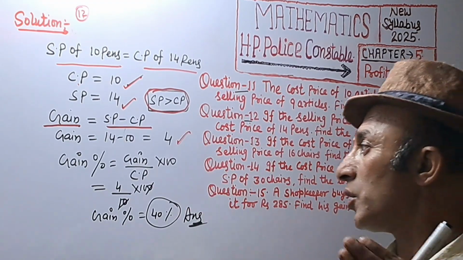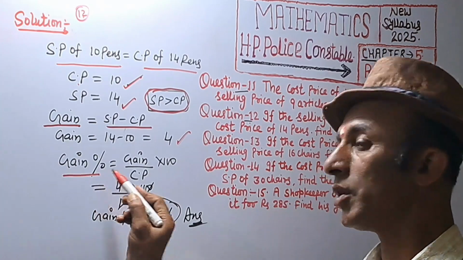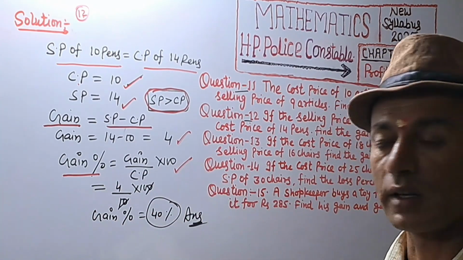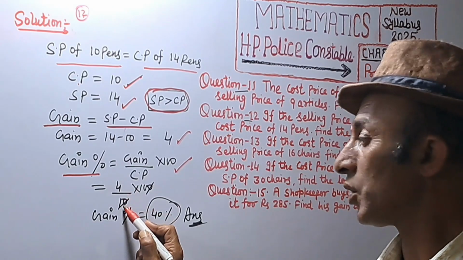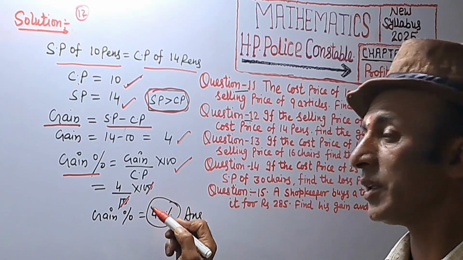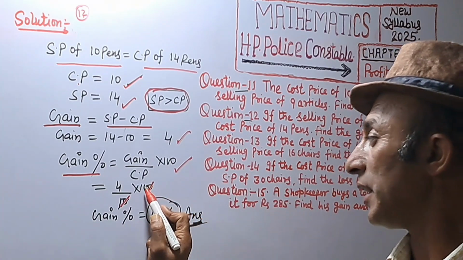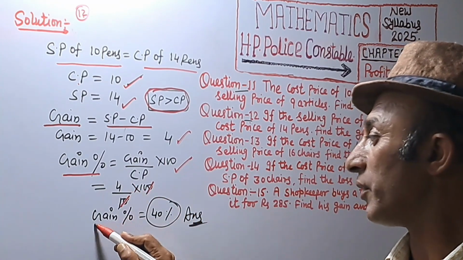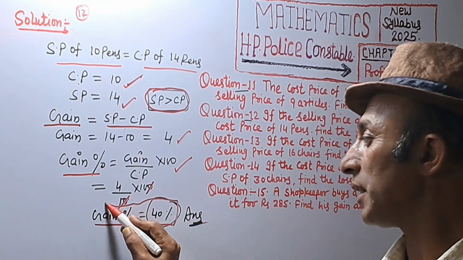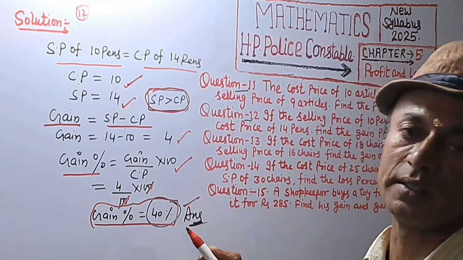We get gain equal to 4 and gain percent equal to gain upon cost price multiplied by 100. Gain is 4, cost price is 10 multiplied by 100. 10 is cancelled and 10 multiplied by 4, we get gain percent equal to 40%. Answer.